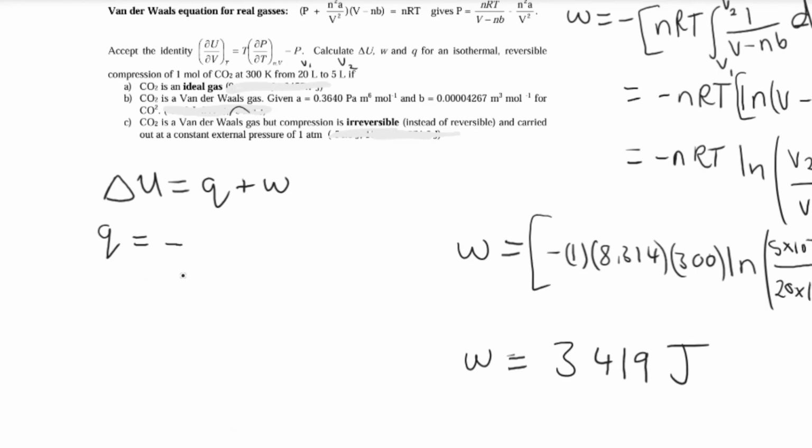The one that we calculated before. It was minus 54.6. Okay, we subtract W. It's positive W, we want to subtract it that side. Subtract W, which is 3,419, and this whole thing is in joules.